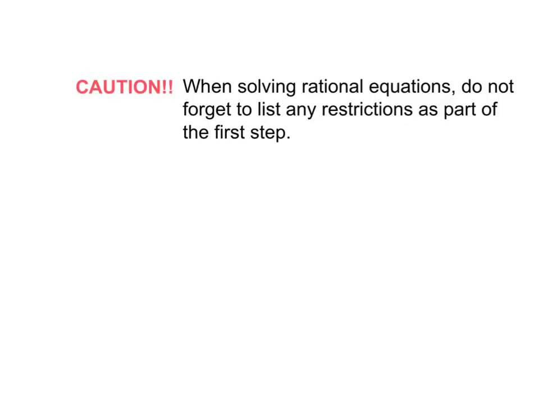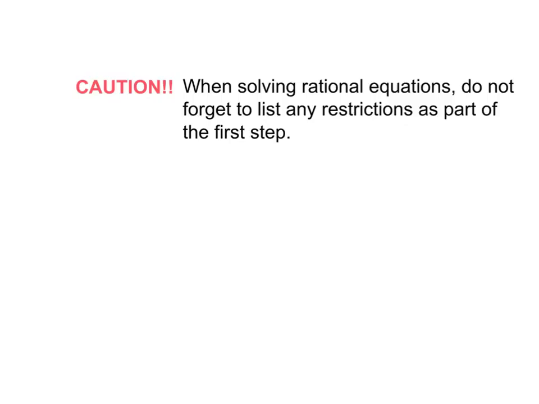Since we're dealing with fractions, and fractions specifically with variables in the denominator, we have to be careful about restrictions. And this kind of goes back to the idea of domain. You're not allowed to divide by zero.